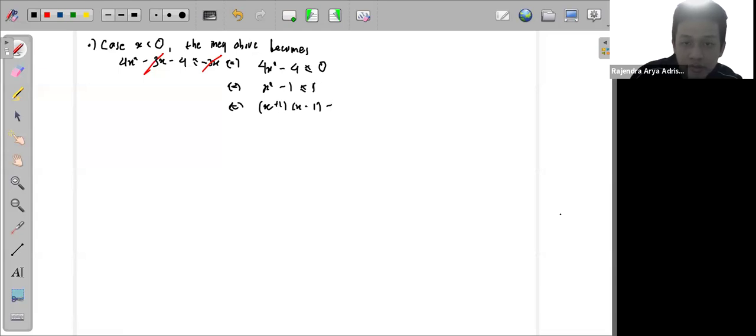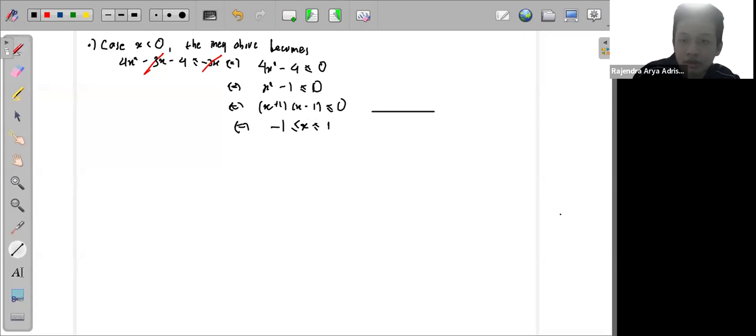Wait, this should be less than 0. Okay. Just like the previous one, because it's a quadratic inequality about less than, we can conclude that the temporary solution is x between the smallest zero and the biggest zero.